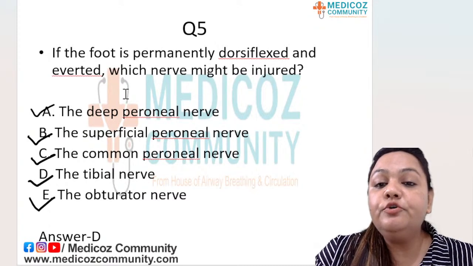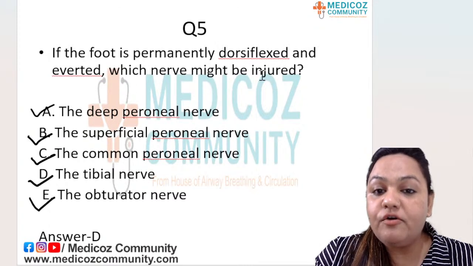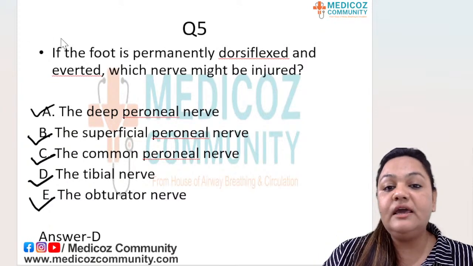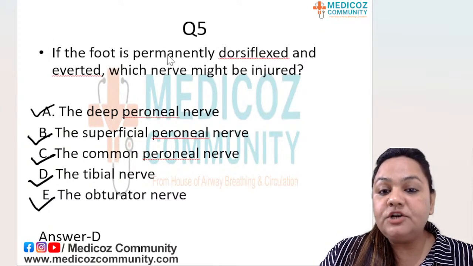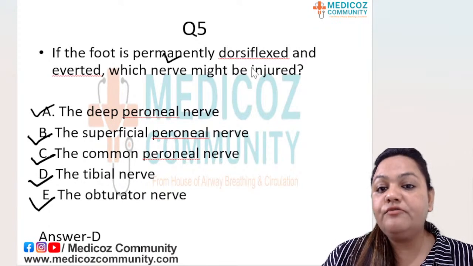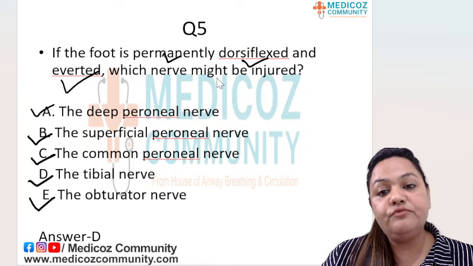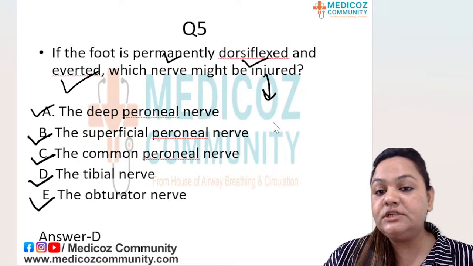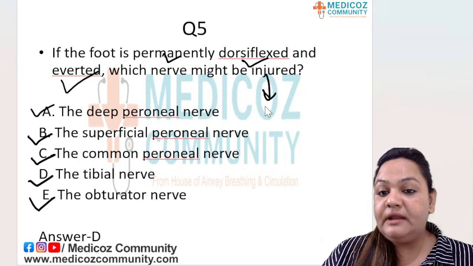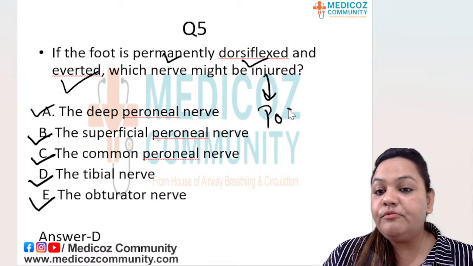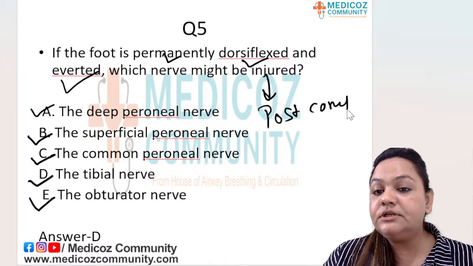Due to the unopposed action of the muscles of the anterior compartment of your leg, your foot will go into dorsiflexion and eversion. So now we have got the point here. There must be paralysis of the muscles of the posterior compartment of the leg.